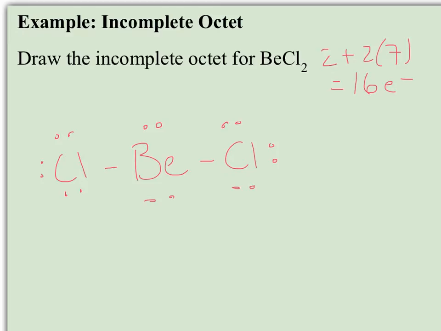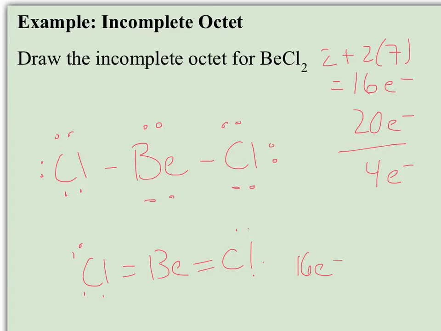That means I've used 20 electrons to make this stable, so I've used 4 extra electrons. Now remember, normally that would tell us to go back and make double bonds, such as this, and then I just need 2 sets of lone pairs on each one, 2, 4, 6, 8, 10, 12, 14, 16.